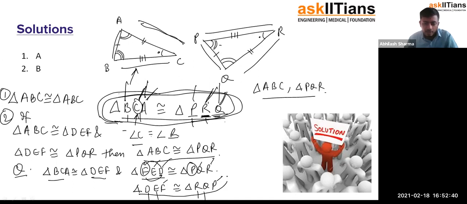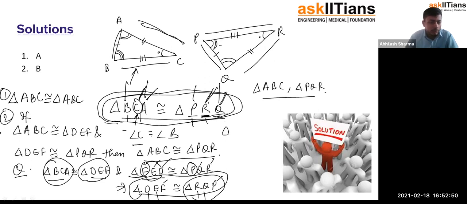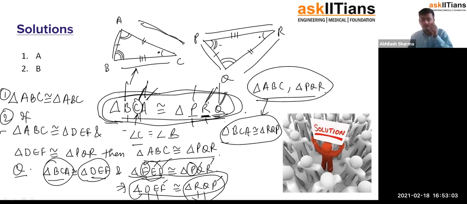So I can write this, correct? From this we can conclude this. Now DEF is congruent to this also. So using this second property, triangle BCA will be congruent to triangle RQP. So that's the congruence order in which we should write these two triangles. That's easily how we can solve this particular question.